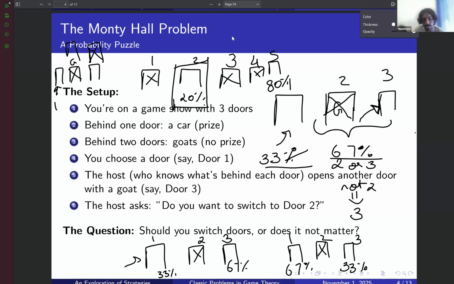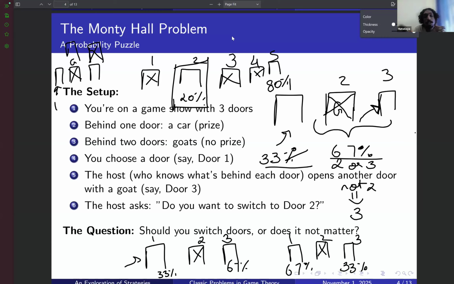You're on the right track, but also I want you to think about whether or not they're actually independent. Yes, sir. But if they are not independent, it has something to do with the host. It actually has to do with the fact that the host knows where everything is, so the host can manipulate the game in a way, right?